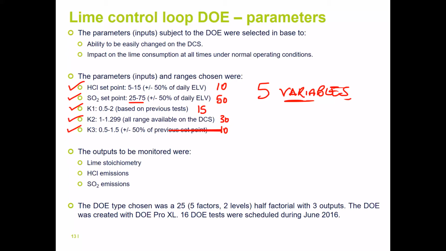If you multiply those values together, 10 times 50 times 15 times 30 times 10, what do we get? We get 2,250,000 combinations.